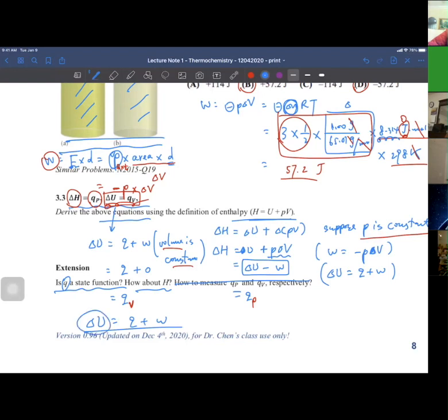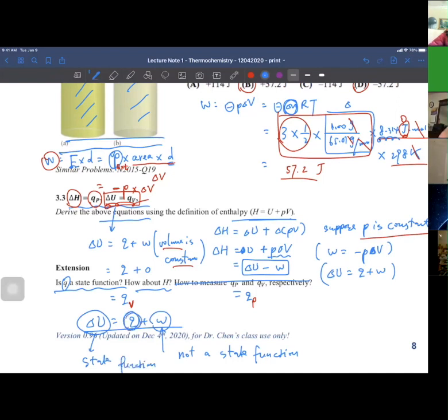Obviously, the internal energy is a state function, right? And we already proved W is not a state function because it's path dependent. So based on this, the sum of Q and W is a state function, and one of them is not a state function.